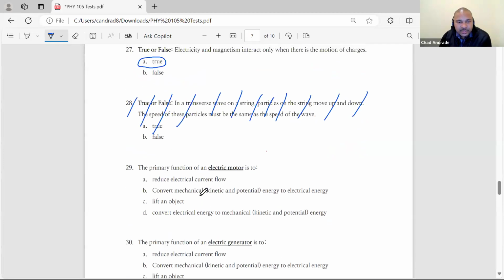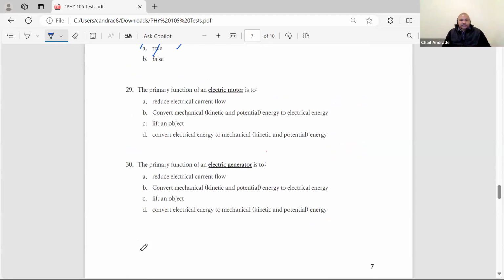All right. 29. The primary function of an electric generator is, so this is the motor and the generator questions, right? If you don't remember this on the day, just think of the word generate, generator, right? Generate meaning you're trying to produce energy, right? So the primary function of an electric generator is to convert mechanical energy to electrical energy, right?